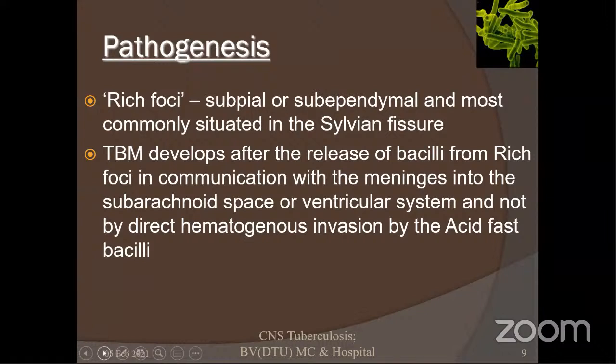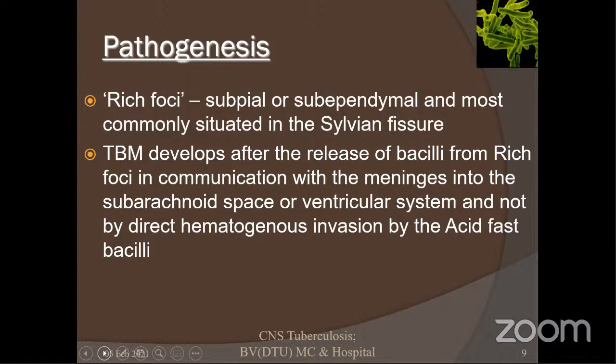TBM develops after the release of bacilli from Rich foci in communication with the meninges into the subarachnoid space or ventricular system, but not by direct hematogenous invasion by the acid-fast bacillus. So the Rich foci rupture and release the bacilli. It's not that an open case of tuberculosis is there and then from there hematogenous spread.